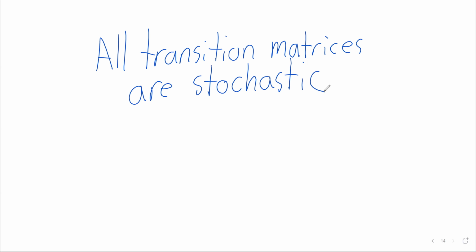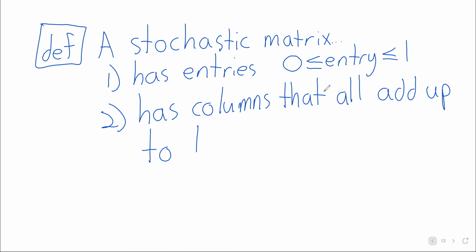And actually, vice versa. Any stochastic matrix is the transition matrix of some Markov chain. As far as that statement goes, statement 1 should be obvious if we think about it a little. The entries of a transition matrix are all probabilities. Probabilities are positive numbers between 0 and 1.